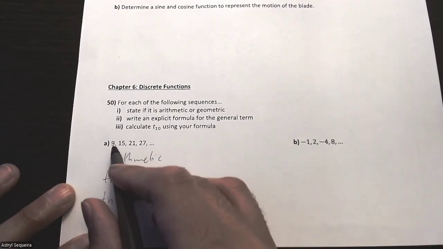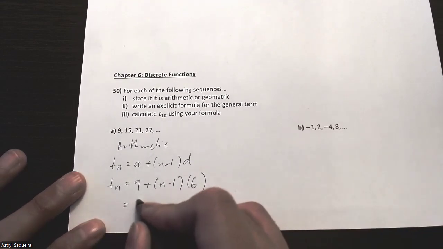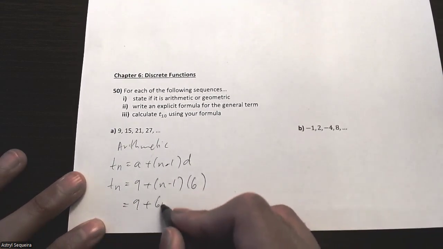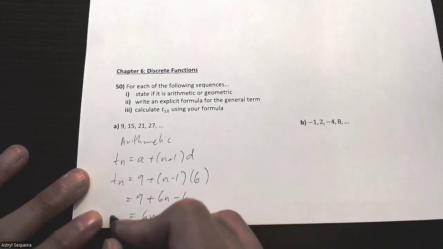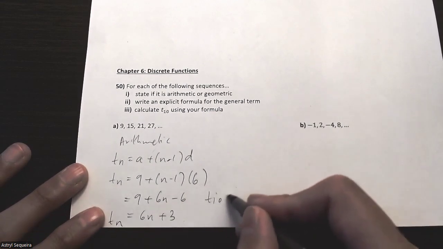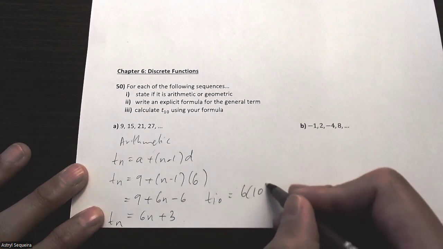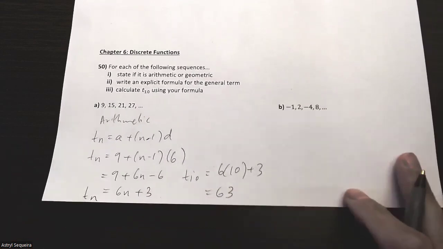My common difference, from 9 to 15, I'm going up by 6, and then I just have to simplify this. I'll multiply the 6 into the bracket, and then I'll combine like terms. So that's my formula right there. And then to find T10, I'm just subbing in 10 for my n, and I'll just get 63.